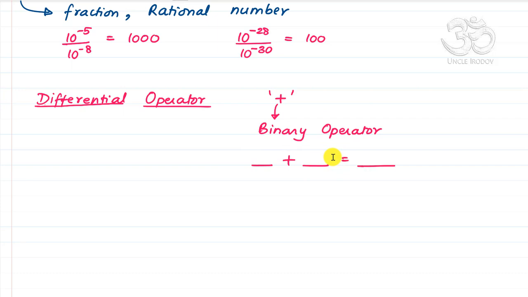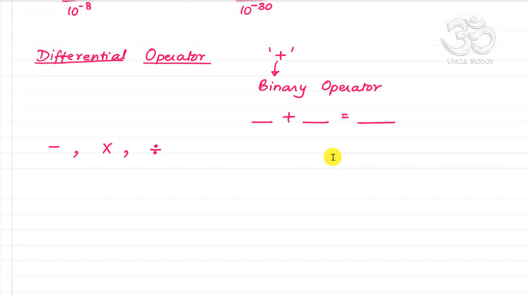Give me some more examples of maybe binary operators. Minus, multiplication, division, all of them are binary operators, right? Can you give me examples of some kind of operators that operate on single numbers? They are called unary operators.